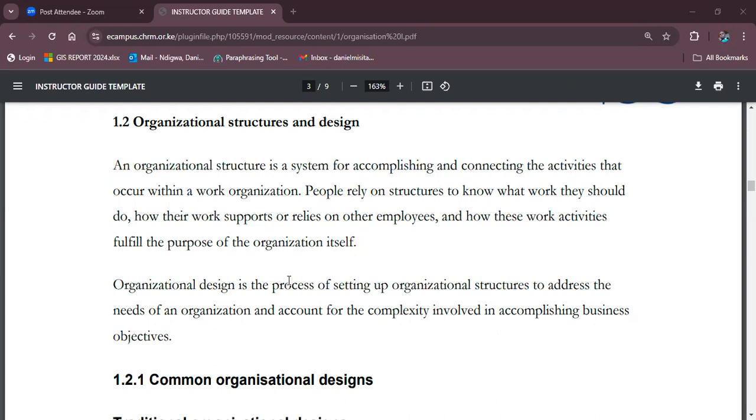So today I want to start talking about organization structure and design. We had mentioned something last week about organization, and we said that organization plays a very critical role in most organizations because it is responsible for bringing resources together.